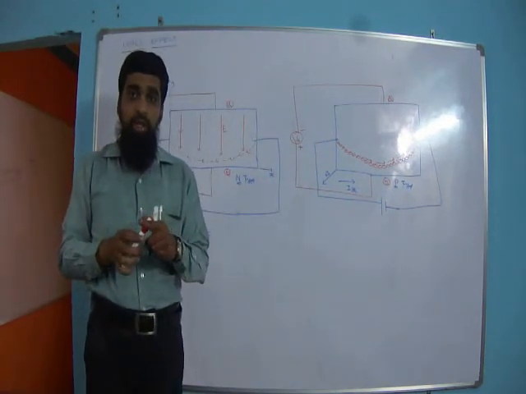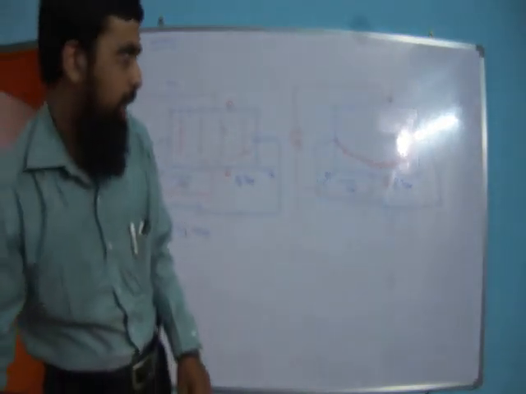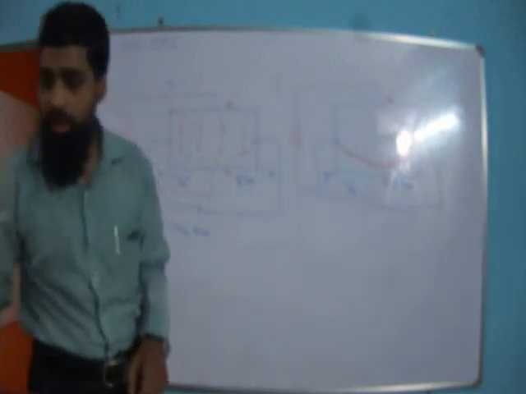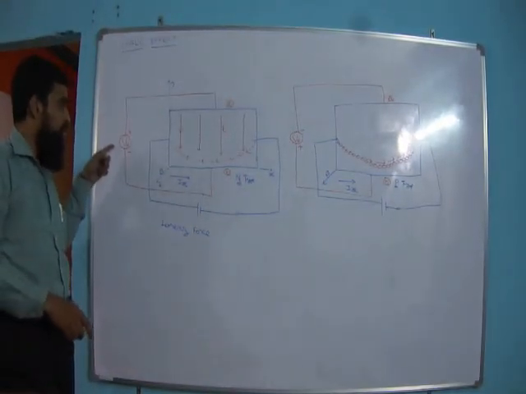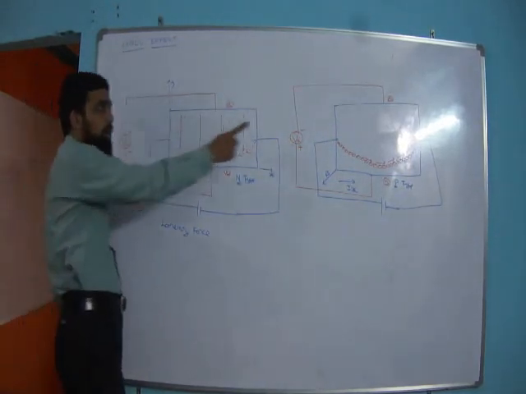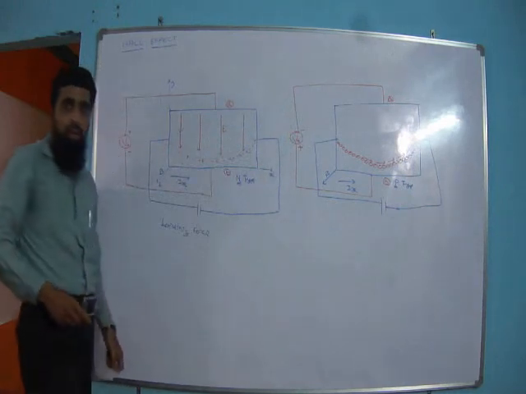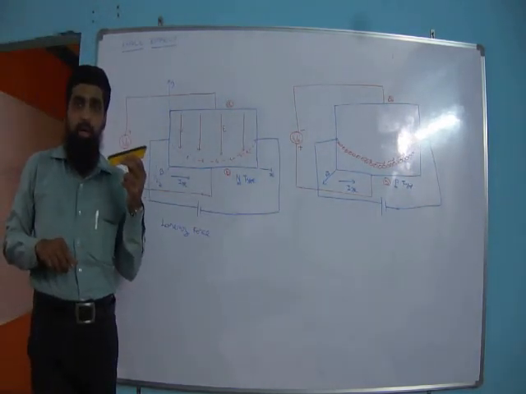Now let's see what is the application of Hall effect. One of the applications of Hall effect is that just by measuring the polarity, the sign of this Hall voltage, whether your Hall voltage is positive or negative, we can tell whether a given semiconductor is p-type or n-type.